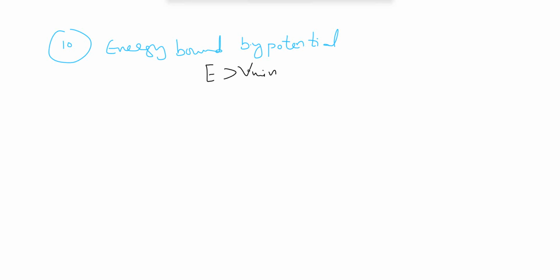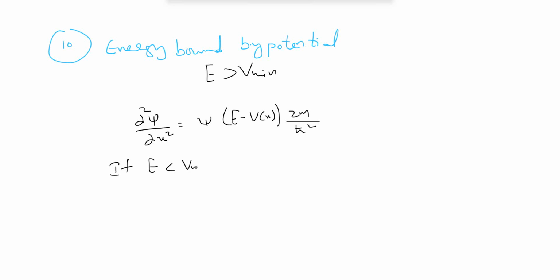So we can prove this by solving the Schrodinger equation. I'm just writing a simplified Schrodinger equation like this. This is for the time independent case. So if E is less than V minimum, E minus V will be negative.